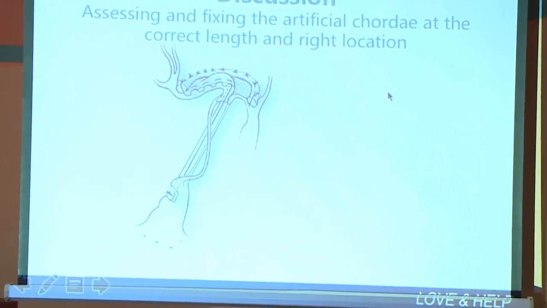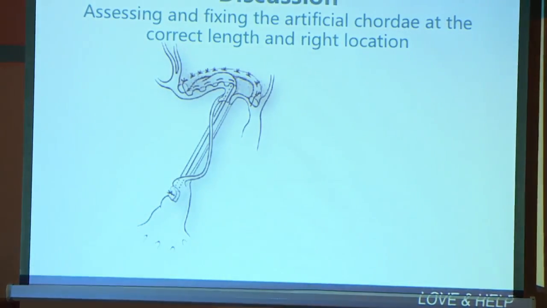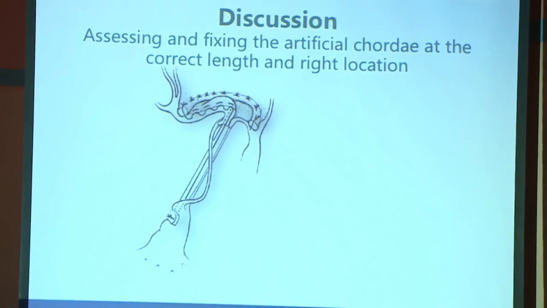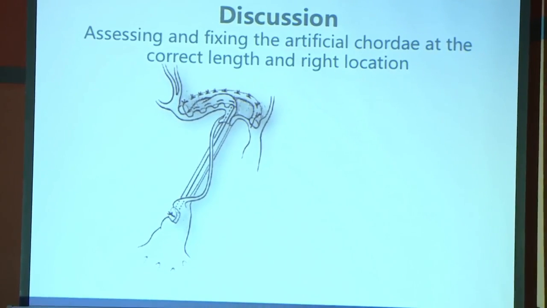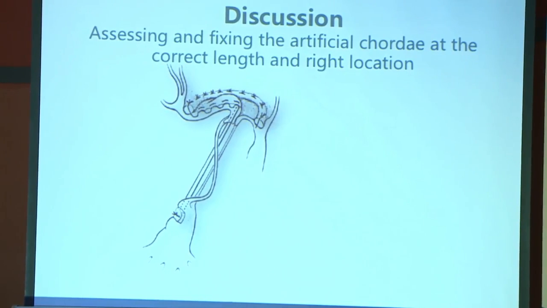Artificial chordae insertion is a simple, reproducible and feasible technique for mitral valve repair, and should be used in children in the pediatric world.